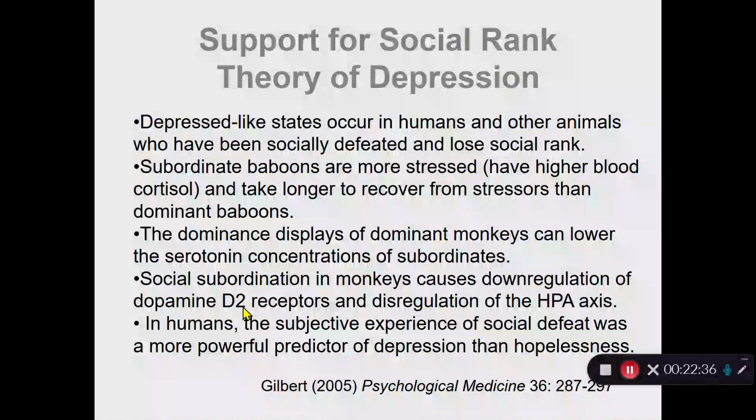If you take away the dopamine receptors, your dopamine doesn't give you pleasure anymore. It can lead directly to anhedonia. Here, social subordination in monkeys causes downregulation of dopamine D2 receptors. That is one neurobiological basis of anhedonia. You can get socially put down to the point where you just don't enjoy life anymore. It's pretty rough.